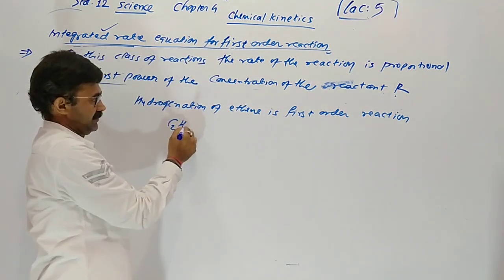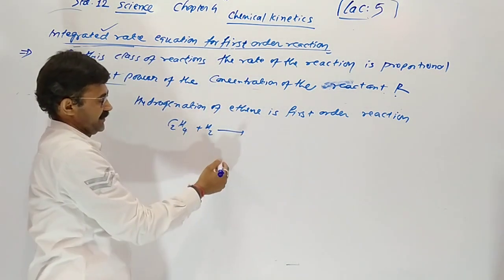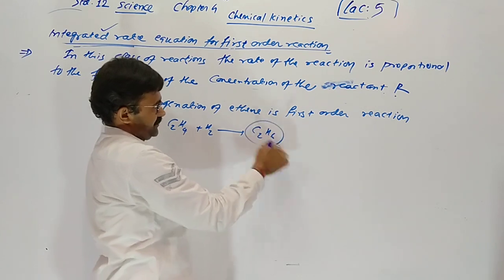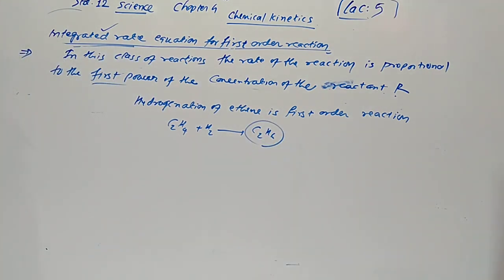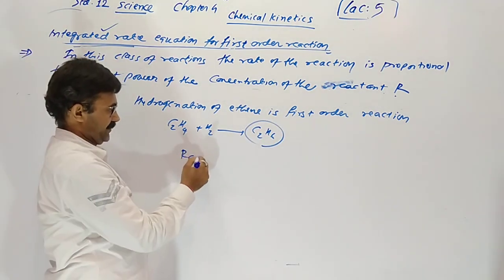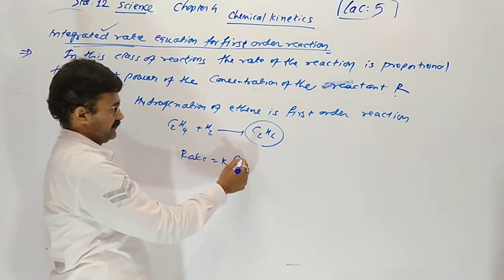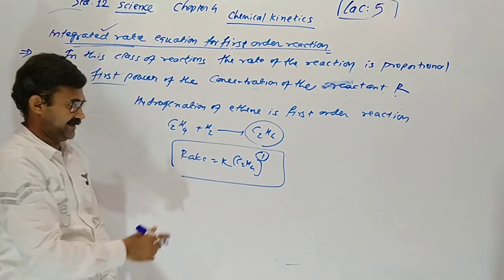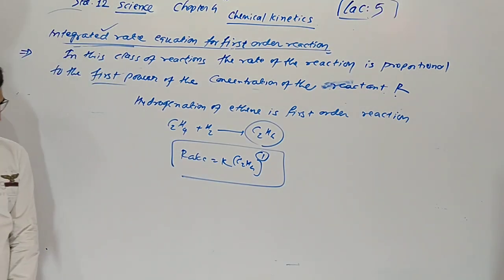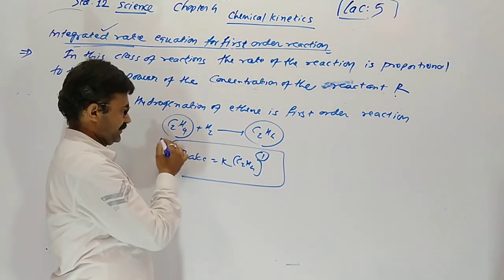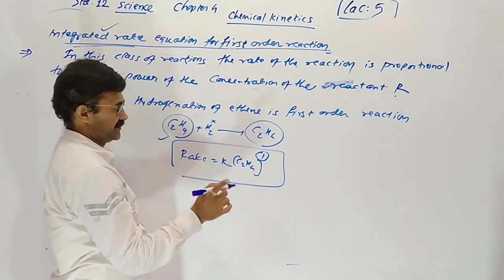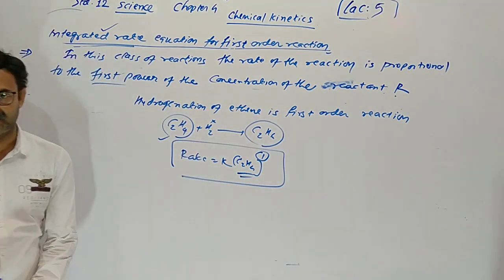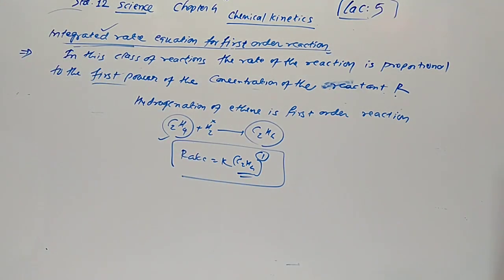You have to remember, all the equations are derived practically, so we have to remember. So rate equal to k raised to 1 of ethene's concentration. So this reaction's rate does not depend on concentration of hydrogen, only on concentration of ethene.